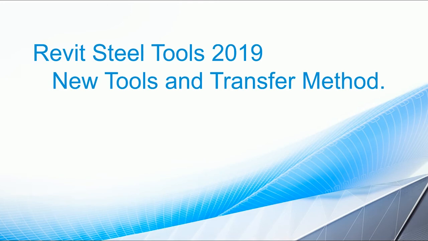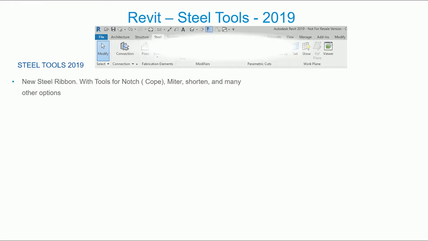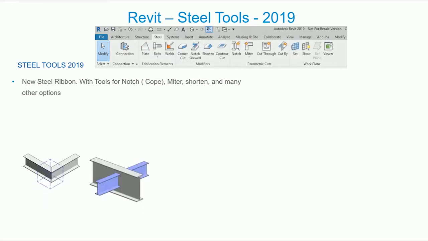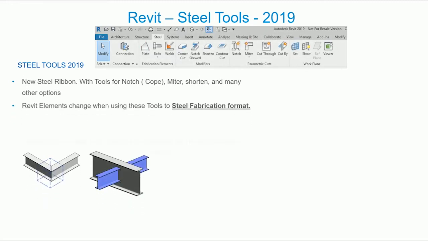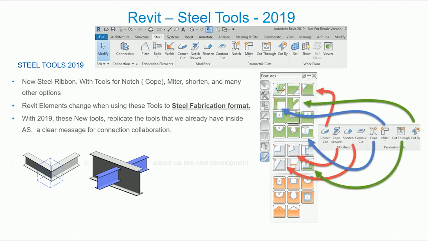So a little bit more about the new tools and how that affects the transfer method. We briefly mentioned that in the previous slide. So with 19 coming, we had the new steel tools. We mentioned this right back at the beginning, but basically knot, coat, mitre, shorten, replacing a lot of the standard tools that you would see inside Revit for doing the same sort of functionality.